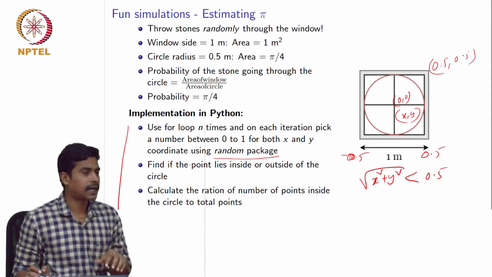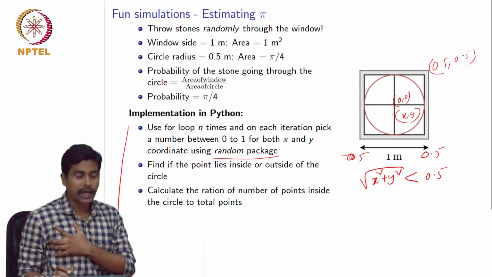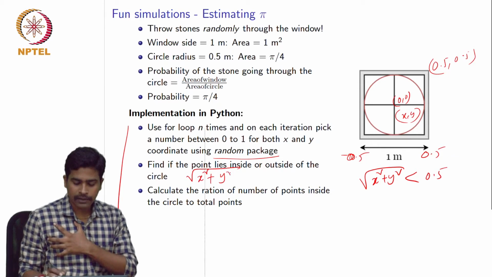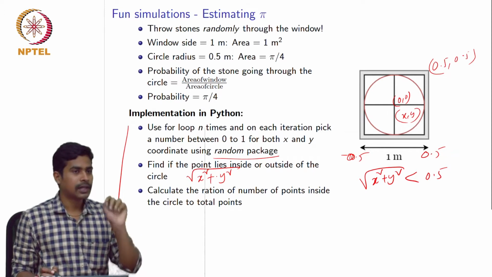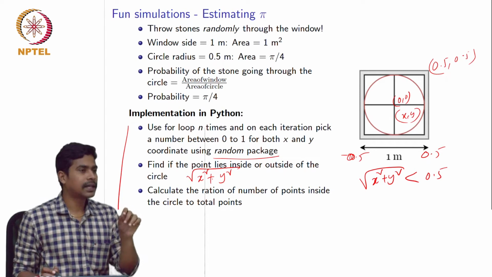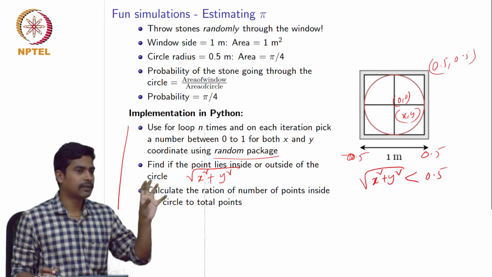I will show you what the random package is. After picking these two numbers, we have to calculate the distance of this point from the origin using the formula square root of x square plus y square, and based on the distance we find if the point is lying inside the circle or away from the circle. If the point is lying inside the circle, we increment a dummy variable that we create at the starting of the program.